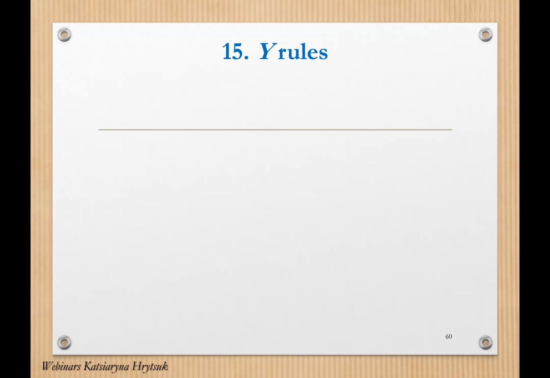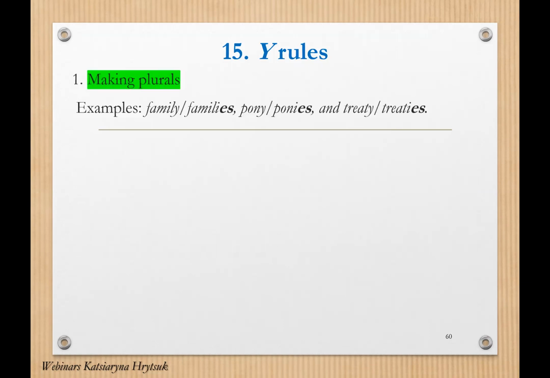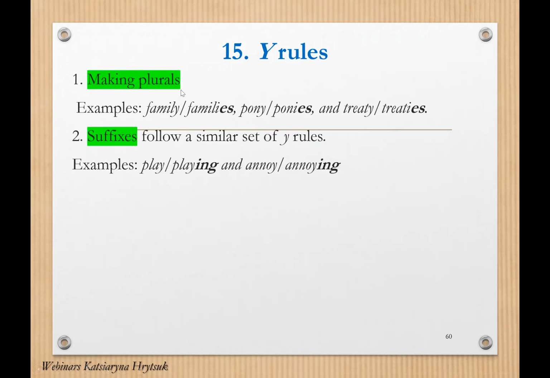And the bunches. And the last rule, 15. That is Y rules. So when we make plurals, remember examples. Family, we change Y to I. Families, pony, ponies, treaty, treaties. Suffixes follow a similar set of Y rules.